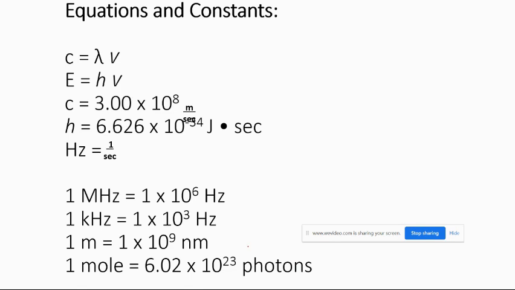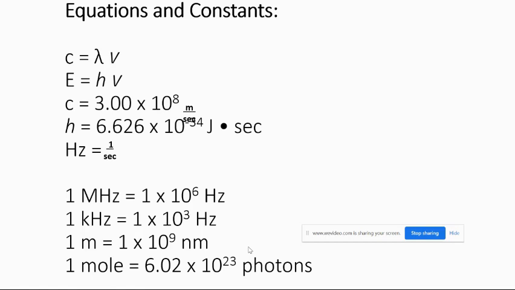So for example, on the periodic table, if carbon's mass is 12.0, if I have 12.0 grams of carbon, that means that I've got 6.02 times 10 to the 23rd atoms of carbon. So the mole is our conversion unit in chemistry. We use it to convert between a lot of different things, and you're going to start hearing about it from here pretty much on out.